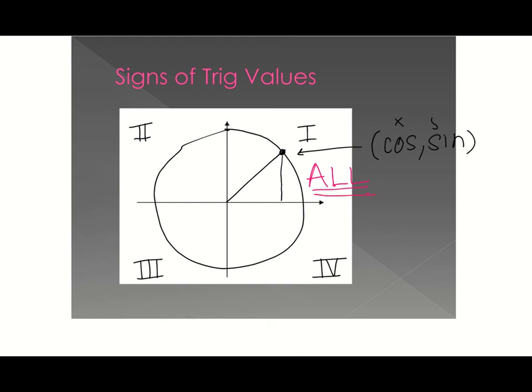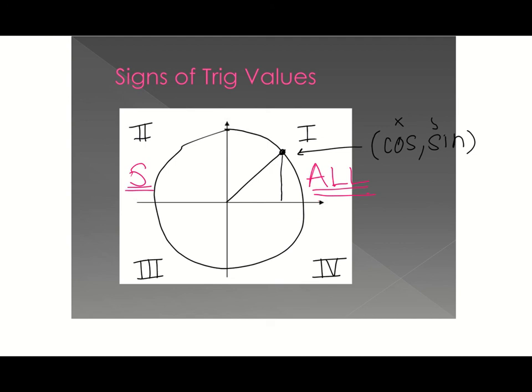If we look at quadrant 2, here our x values are negative, but our y values are positive. So that means all of our sine functions are positive, but cosine and tangent are going to be negative because our x values are negative.